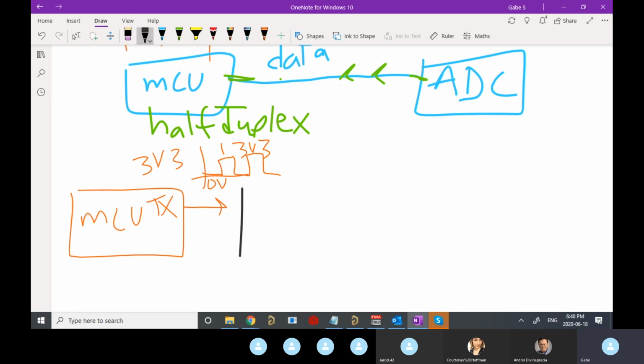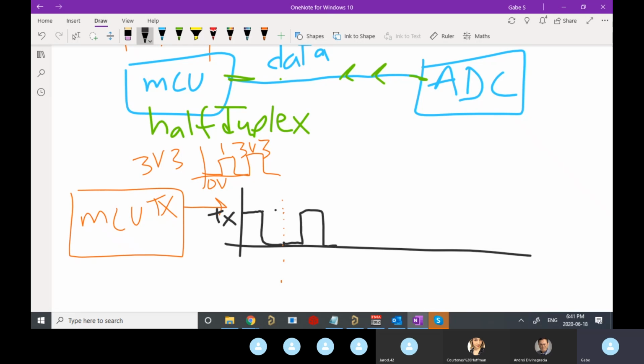So the way the system works, if this is TX, it starts here, we have a start bit, then we have, let me just draw this like this. This little dotted line is going to be the separation of each bit. Okay, and then we have data.